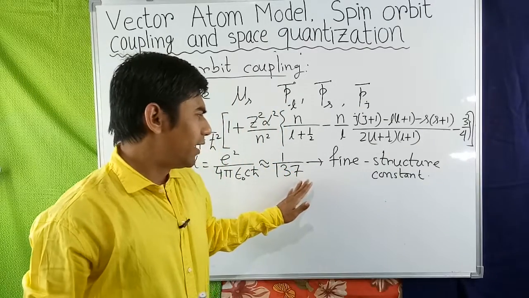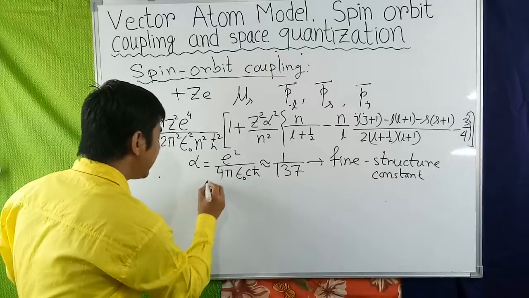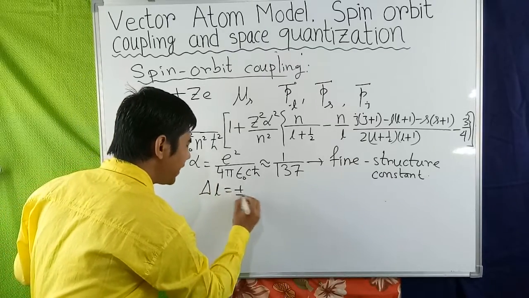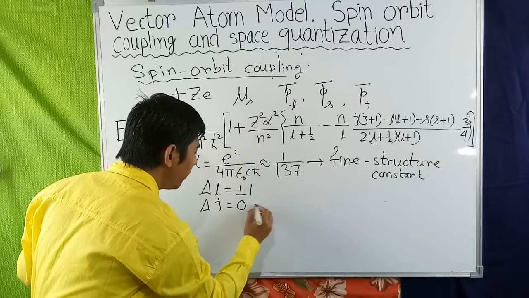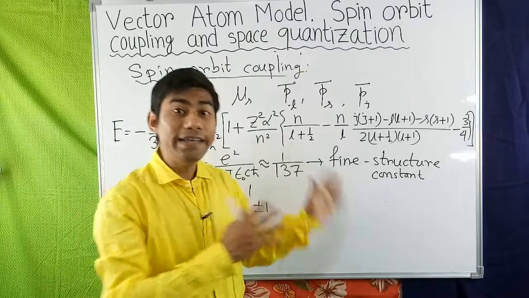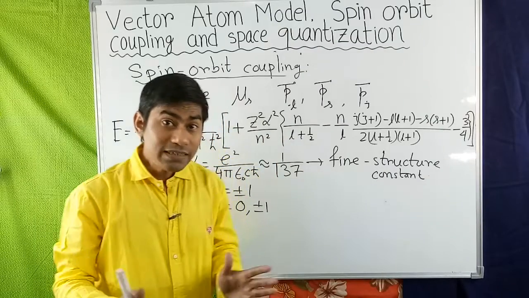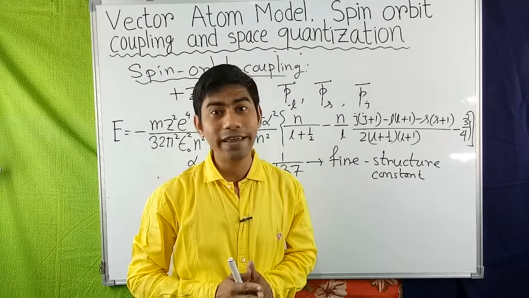Here transitions follow the selection rule delta l equals plus minus 1 and delta j equals 0, plus minus 1. Now with this idea, the fine structure of hydrogen spectral lines has been successfully explained.